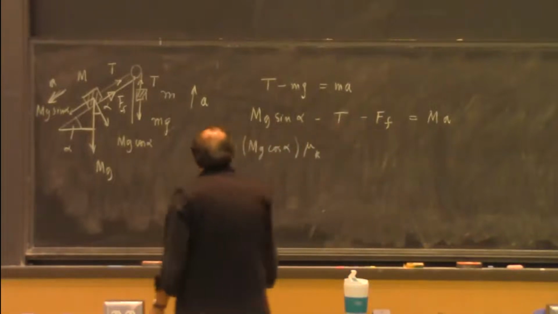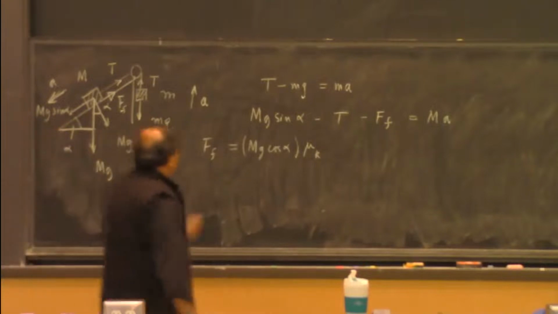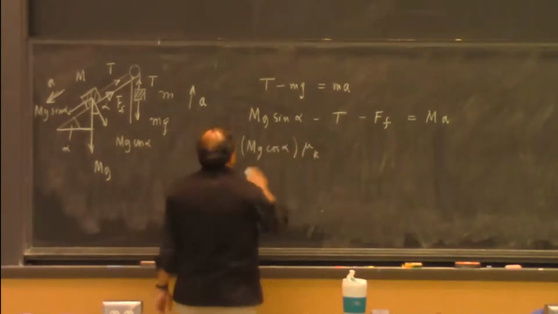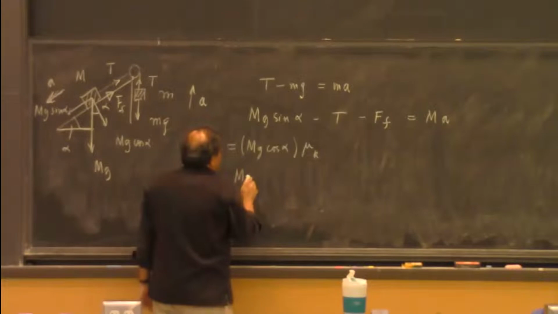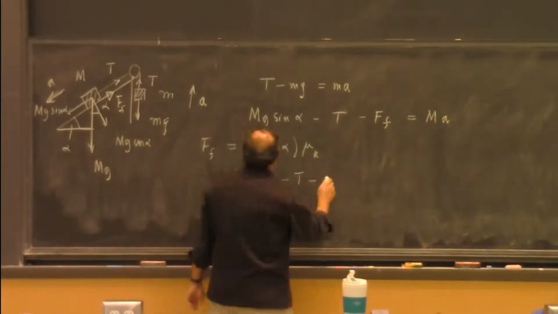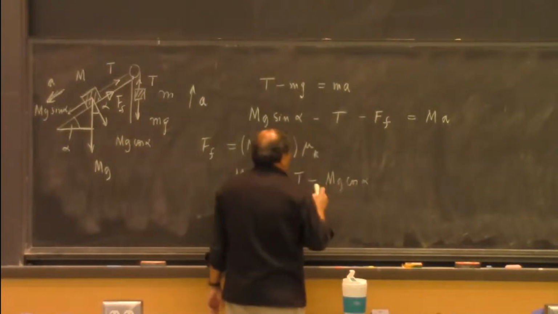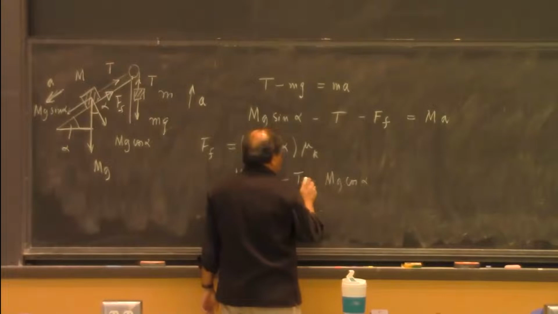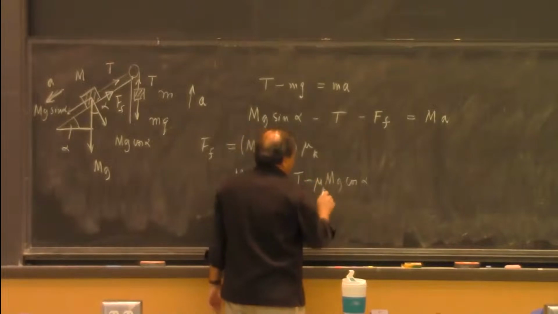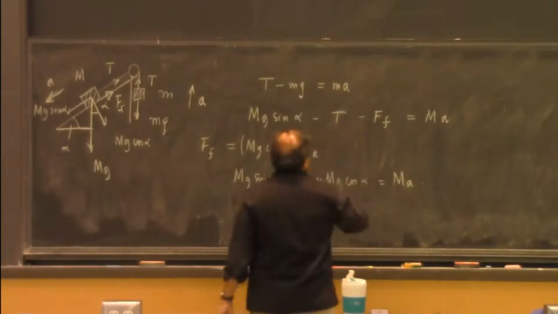I told you the difference between kinetic friction and static friction. So let me complete this equation, put that F friction in there. So I'll have big Mg sine of alpha minus T minus big Mg cosine of alpha, and let me put the mu k here. And this is equal to big M A. So this is one equation, and that's the other equation.